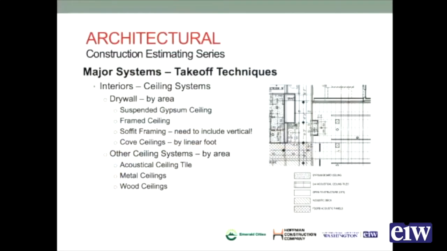You just need to understand what system you're dealing with so you can price it out accordingly. They're still going to be taken off by area. And that goes the same with metal panel ceilings or wood ceilings that you see that are suspended in a similar fashion in different projects.